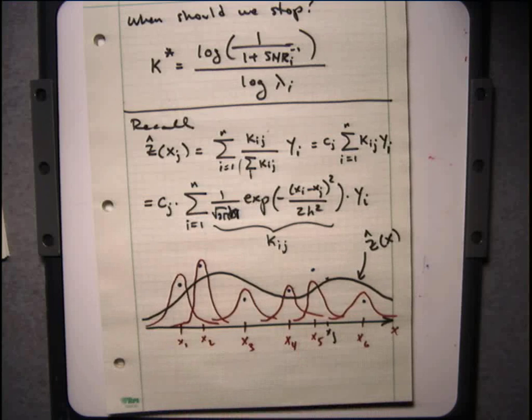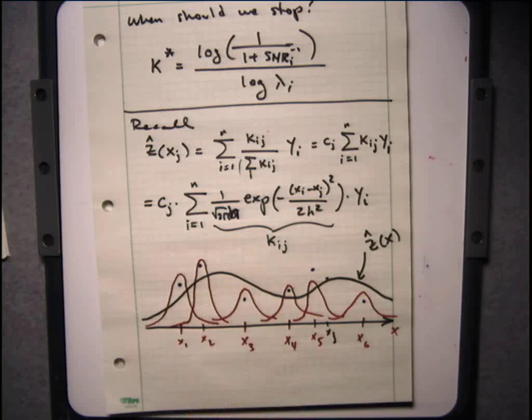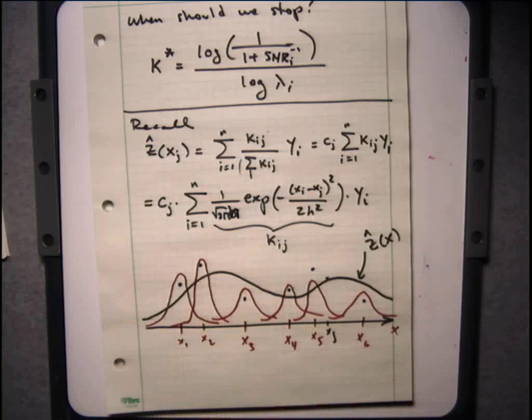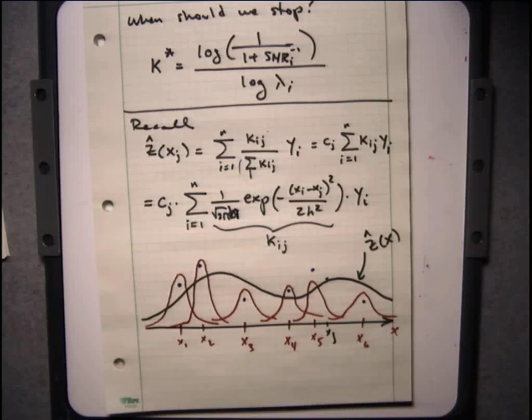Now suppose you wanted to construct a function that actually had some strong discontinuities in it. Instead of being very smooth, what you wanted is something that had very strong jumps in it. Well, then you could take this kernel and replace it with something of a more discontinuous nature.